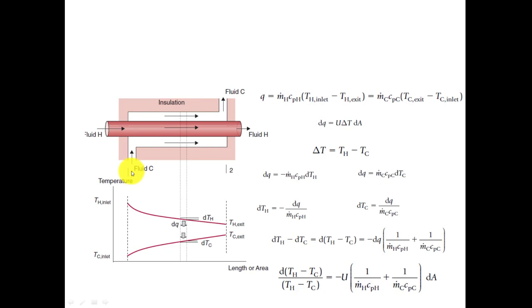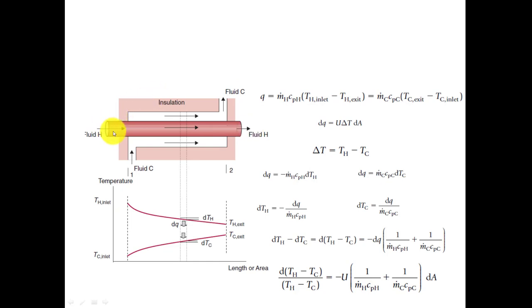So in this diagram, there are 2 points, point 1 and point 2. At point 1, cold fluid is entering and hot fluid is also entering. And at point 2, the cold fluid will leave the system as well as the hot fluid. So you can apply your common sense.